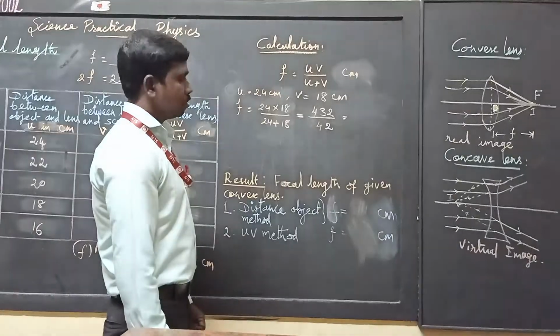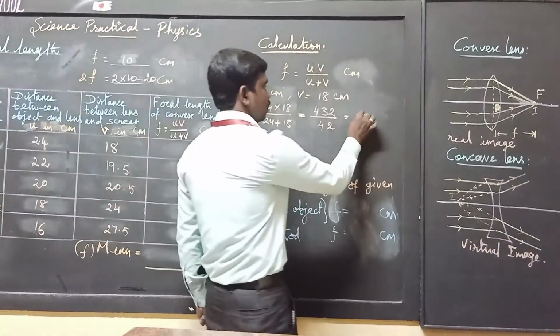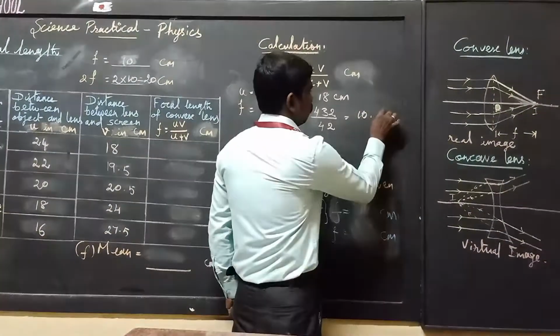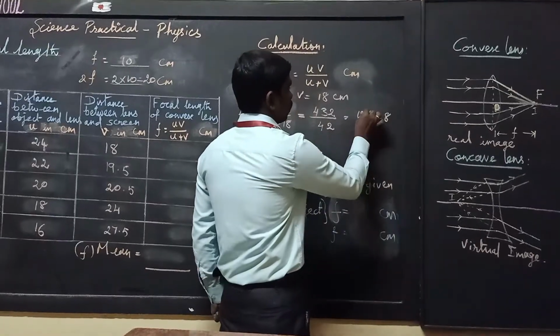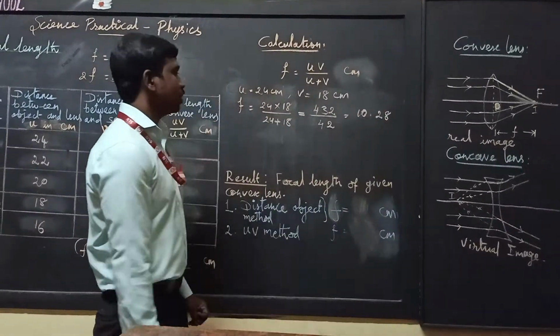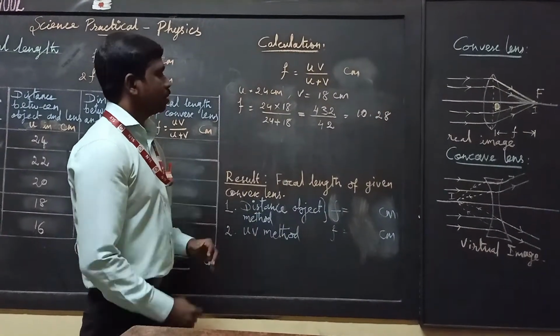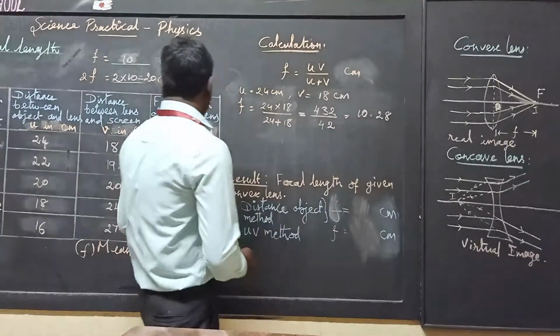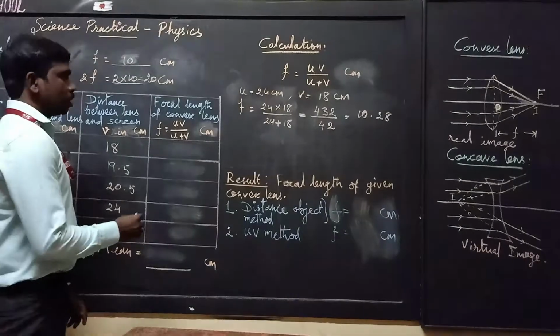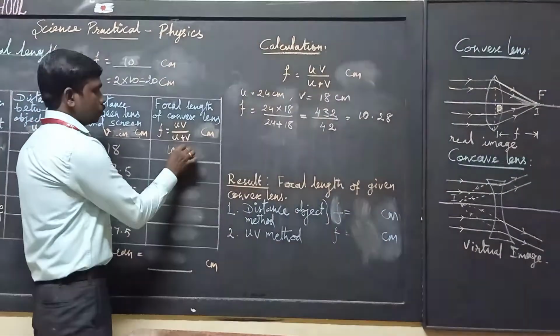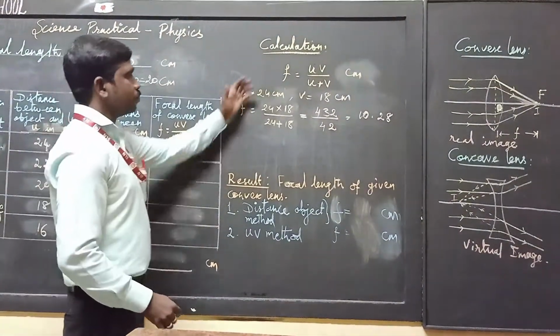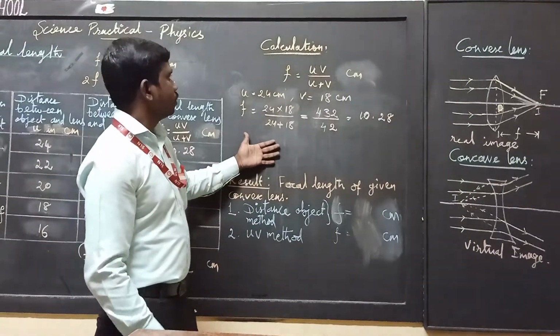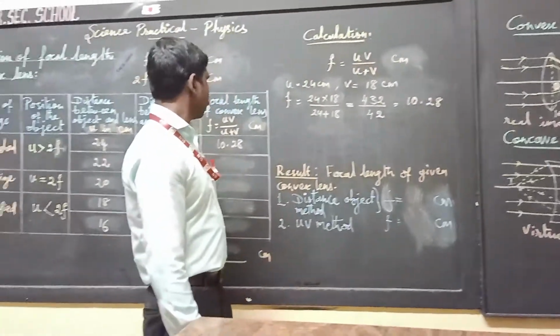After dividing, we get 10.28. 10.28 is the focal length of the given convex lens. So we write this data in the given tabular column: 10.28.